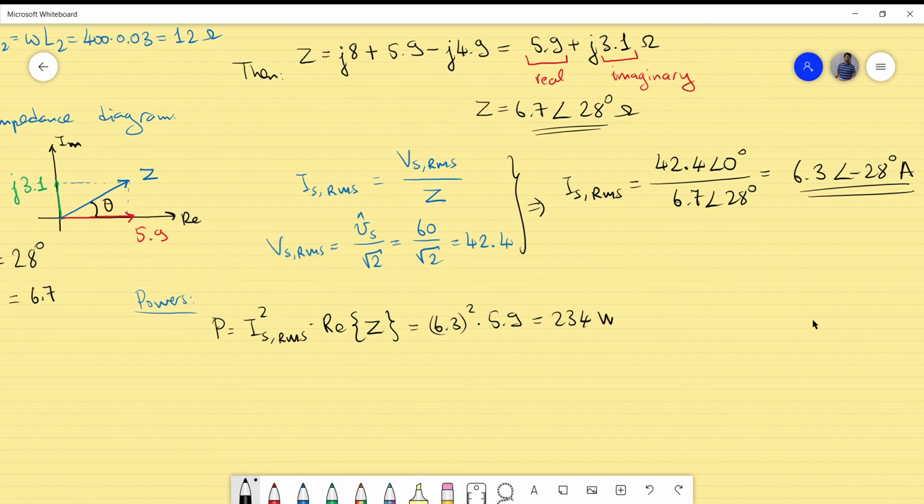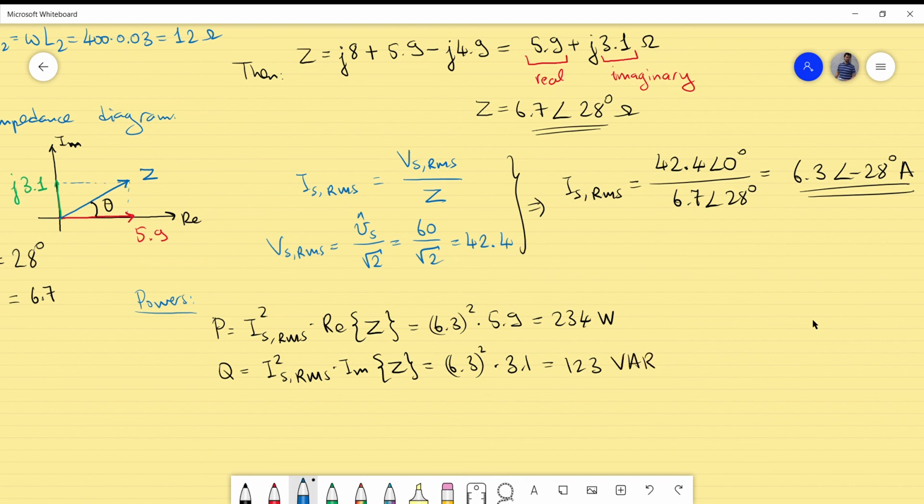234 watts. So I will also do Q, which will be also the source current RMS squared times the imaginary part of the total impedance, which will again be 6.3 squared for the current, but this time we will take 3.9 because that's the imaginary part of Z. And this will result in 123 volt amperes reactive.